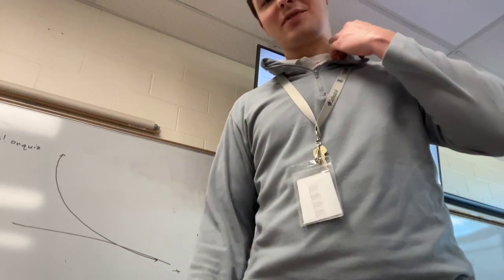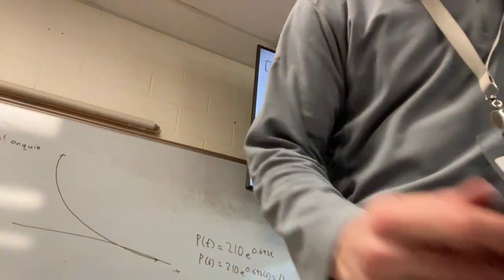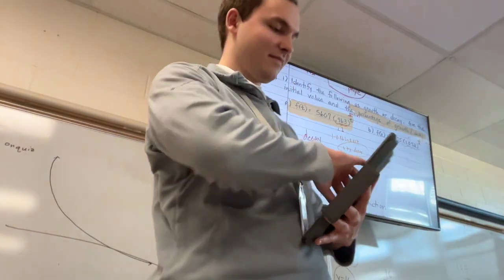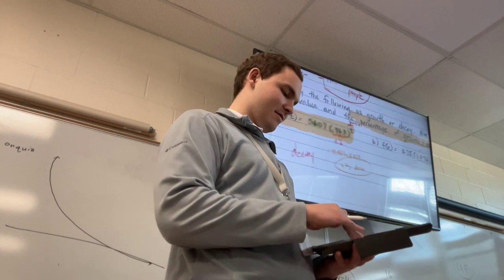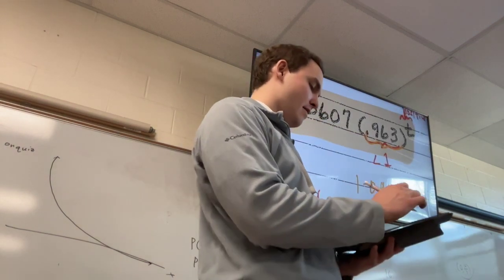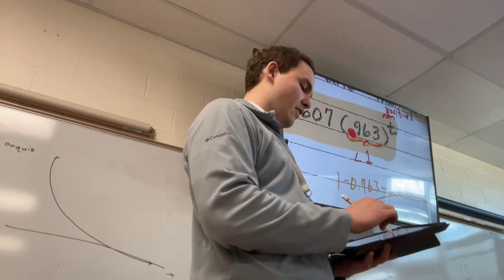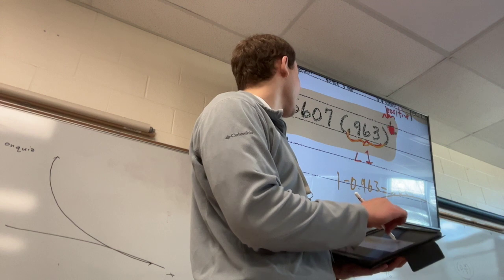Let's continue on the notes. All right, little review. Identifying stuff as either a growth or a decay. We have a number that's less than 1 here, and t is positive.